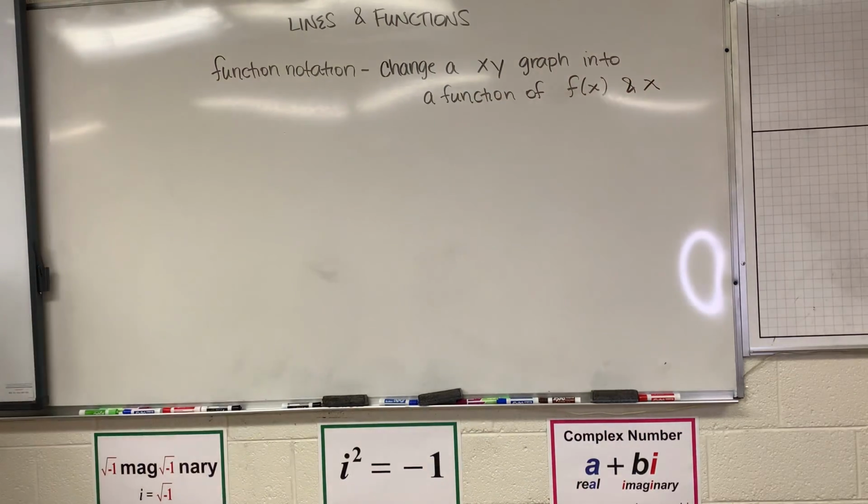So you take your basic XY graph, talking about x and y, and it changes to x and then f of x. So it is supposed to be labeled f of x and not y. x still being your independent variable, f of x being your dependent variable.